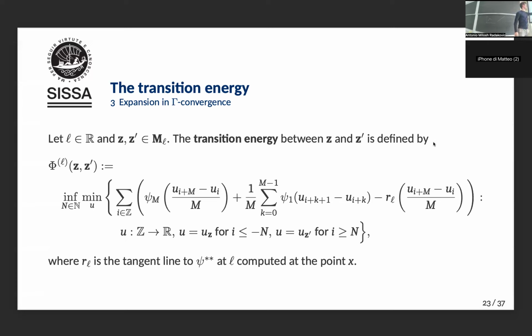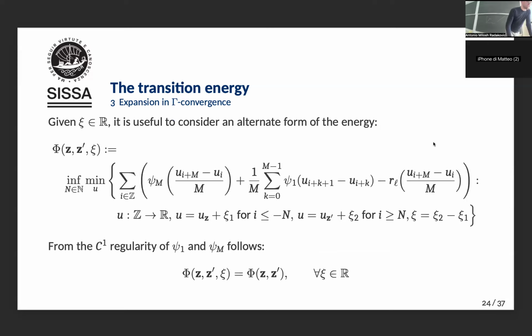What I need to stress is the boundary condition. We are taking functions on the integers, and the boundary condition is that after a while we are taking optimal oscillation. This you see is the function oscillating optimally. So before a given index, we are oscillating in the way we are coming from, and after a while we will oscillate in the way we are transitioning to.